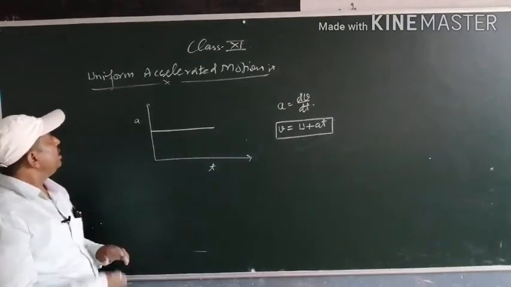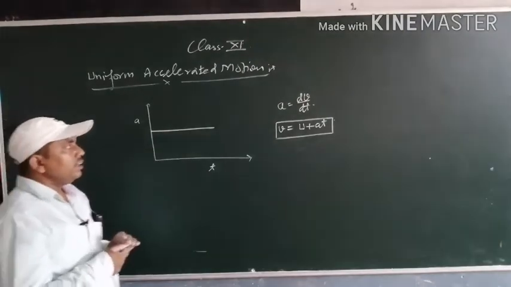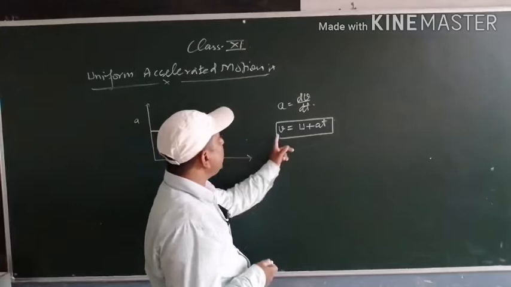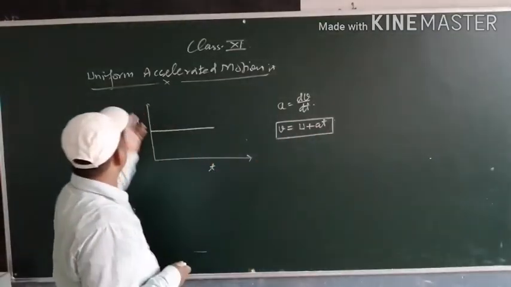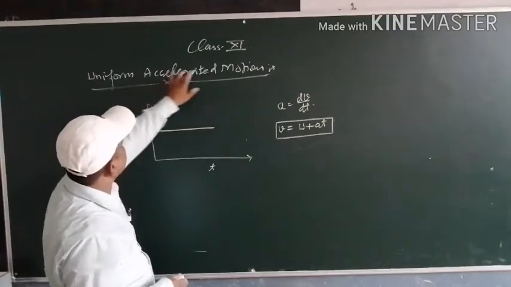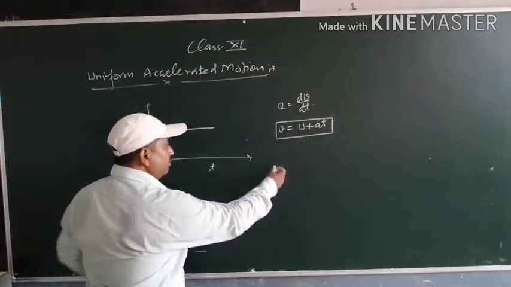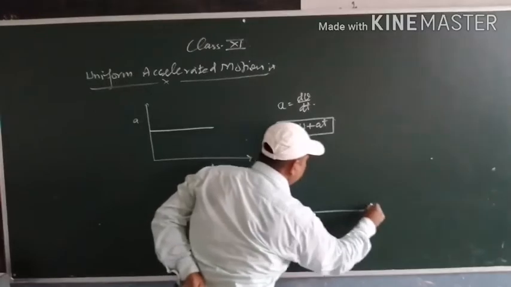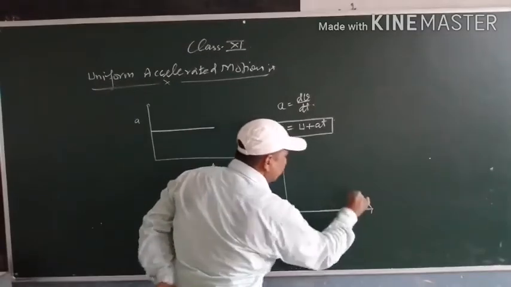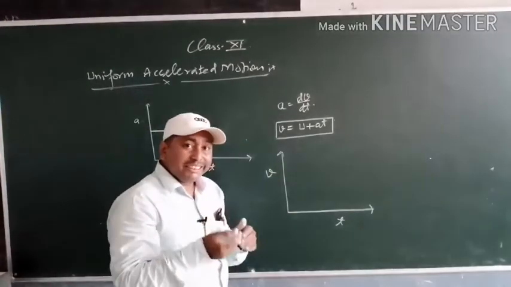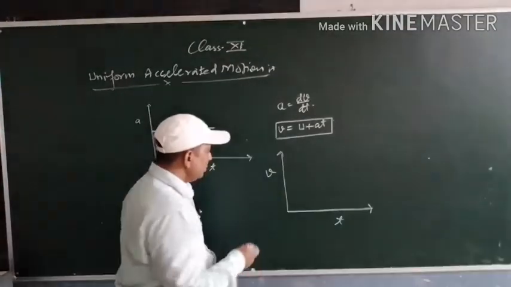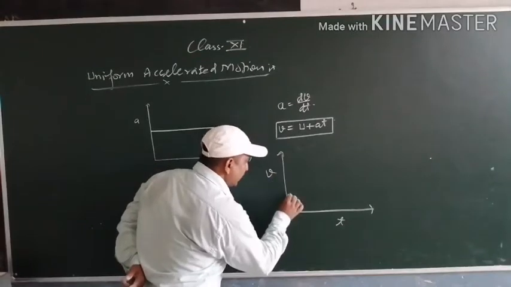Okay. Now, what will be the plot between v and t when the object is moving under uniform acceleration? If we plot a graph between v and t, then we know that with respect to time, the object increases its velocity continuously at a constant rate.